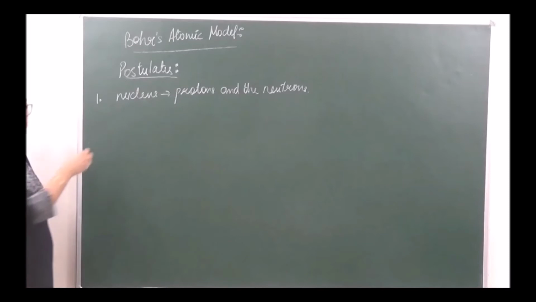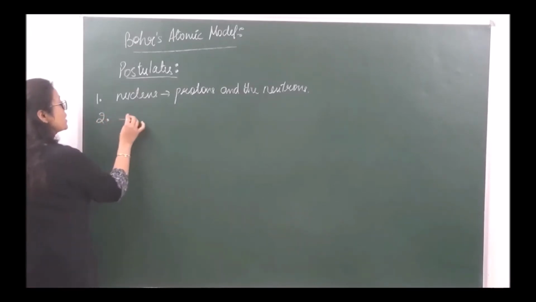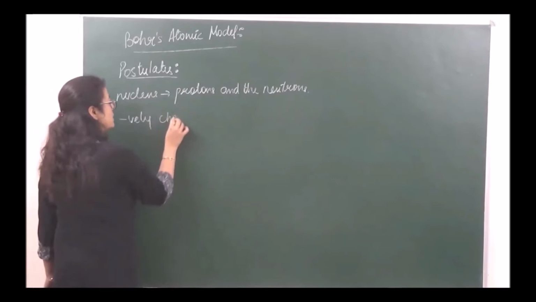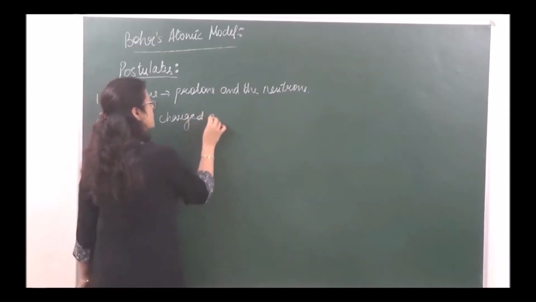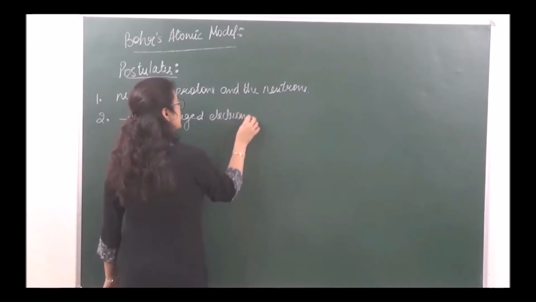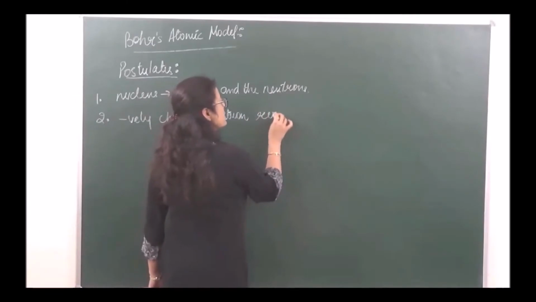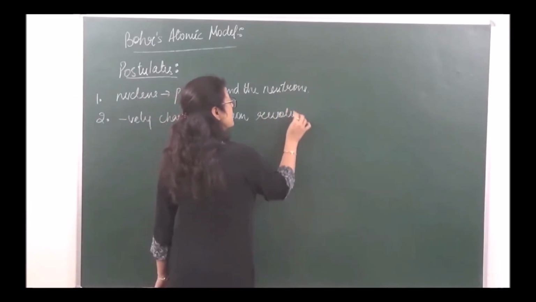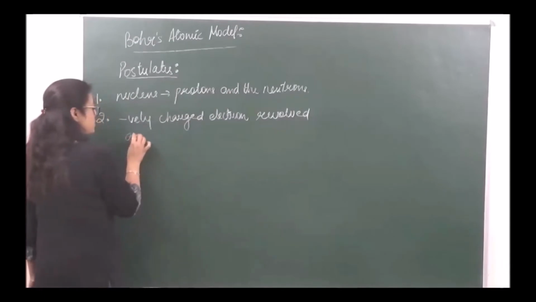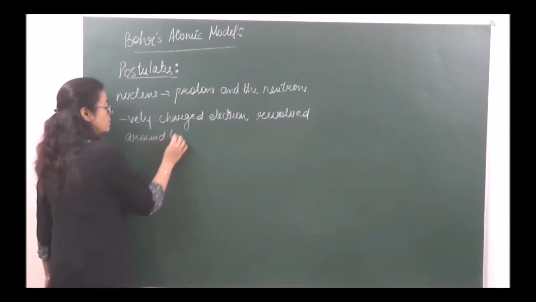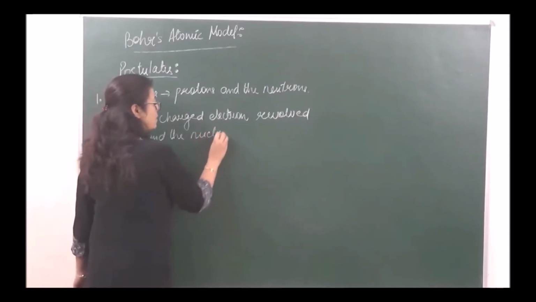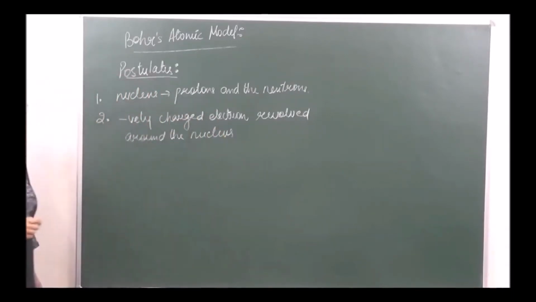The second postulate was that the negatively charged electron revolved around the nucleus in circular orbits.